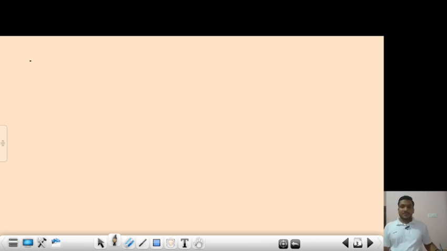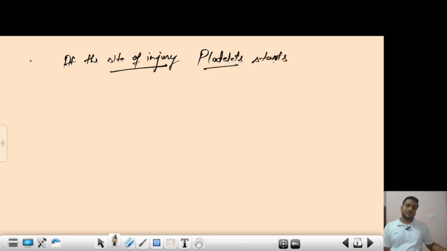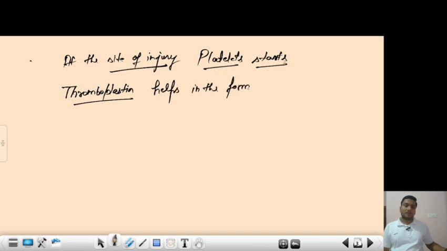So basically at the site of injury, the platelets start activating, and a component, that is thromboplastin, which is a very important component, helps in the formation of the enzyme prothrombinase.